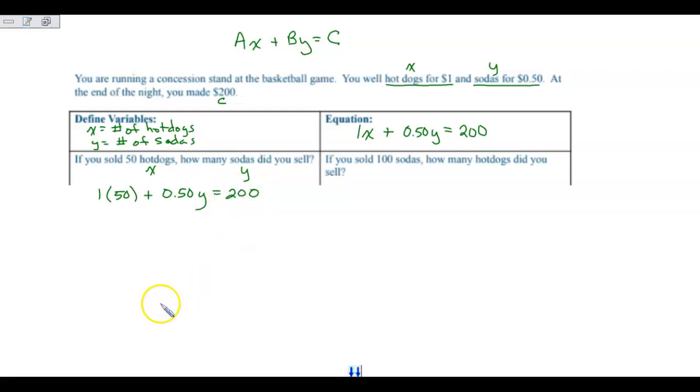There's our equation. We're going to simplify and solve for Y. 1 times 50 is 50. If I move it to the other side, I'm going to subtract 50 from 200. And that gives me 150. And now to solve for Y, I'm going to take 150 and divide it by 50 cents. And that's going to tell me that Y is 300. So I sold 300 sodas.